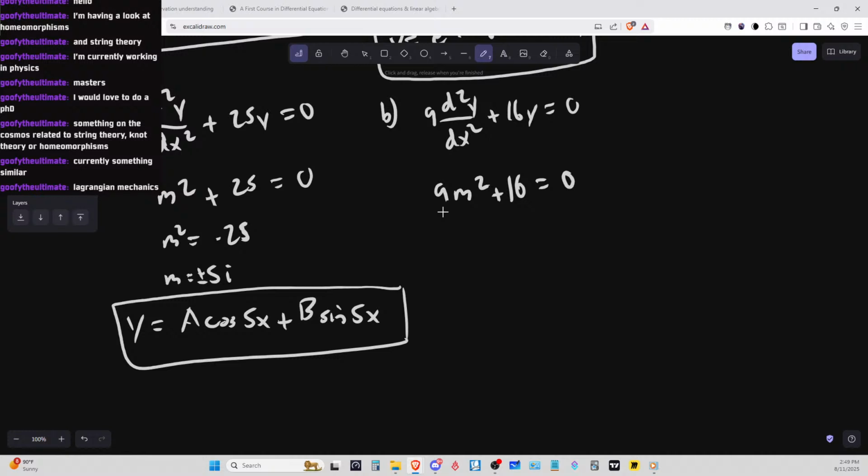Lagrangian mechanics, yeah, okay. I know Lagrangian mechanics is basically the kinetic energy minus the potential energy.